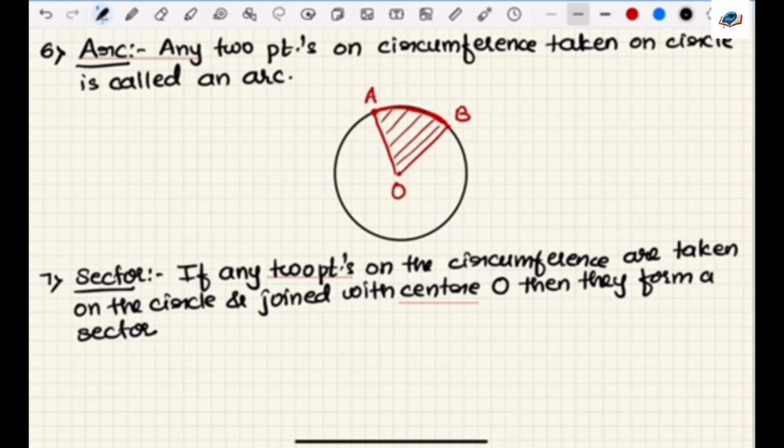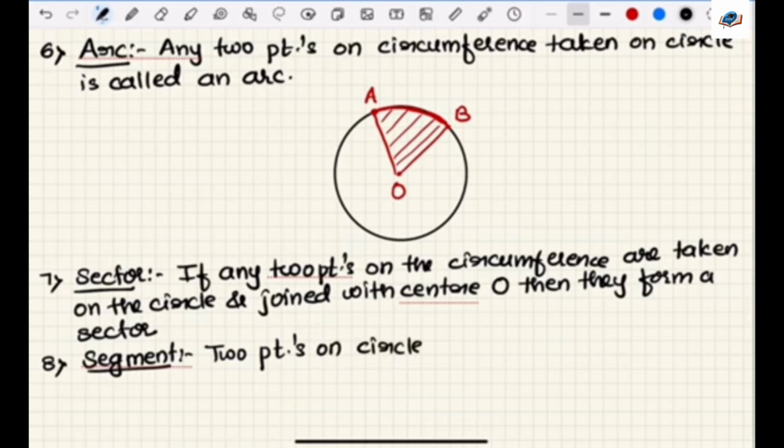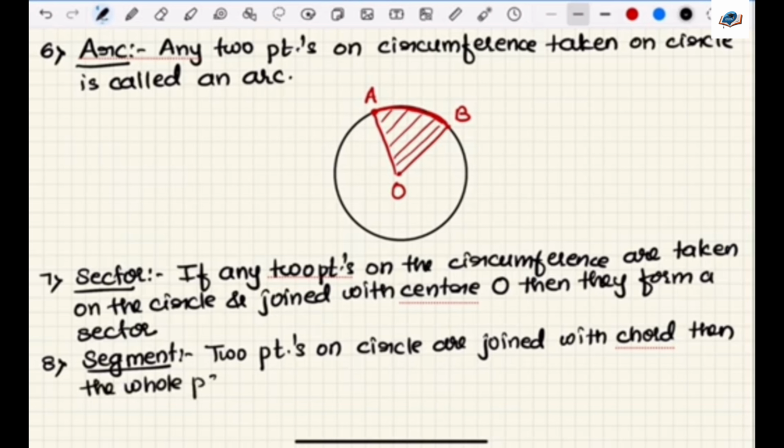Then eighth point says segment. Two points on circle are joined with chord, then the whole part will be segment.